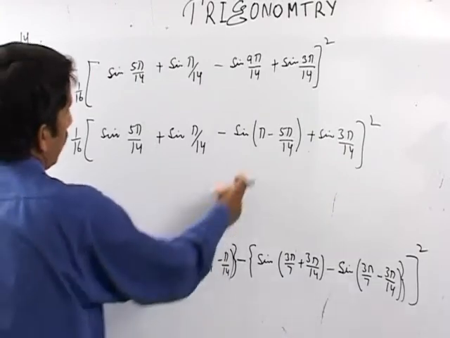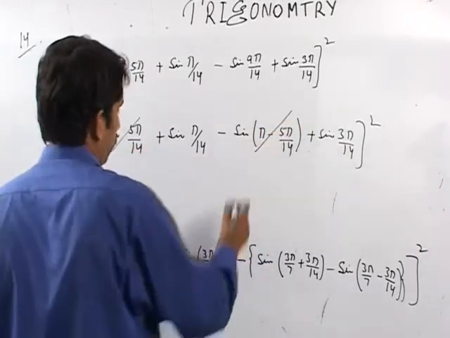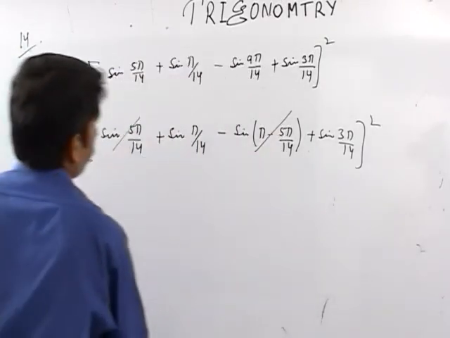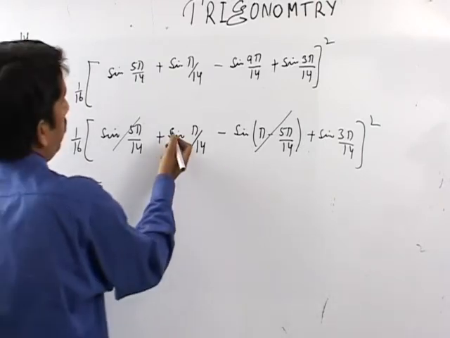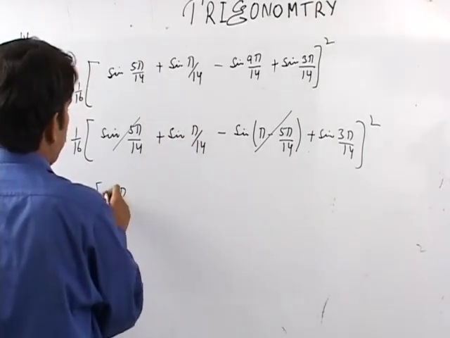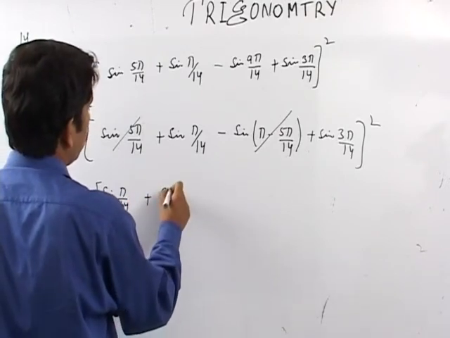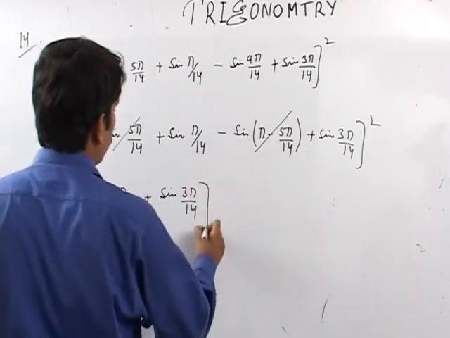Now since sin of pi minus theta is sin theta only, therefore this and this will be cancelled out, and we will be left with 1 by 16 [sin of pi by 14 plus sin of 3 pi by 14], the whole square.